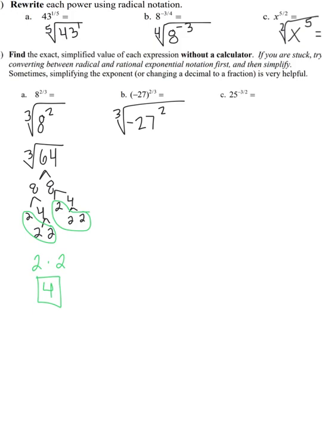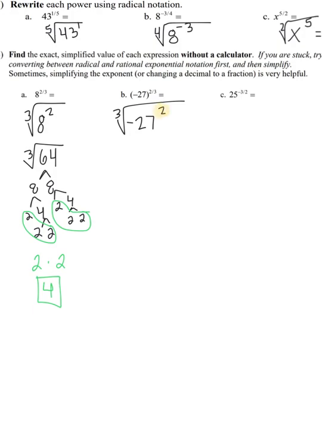Now this is a little sneaky because they asked us to do this without a calculator. And I'm looking at negative 27 squared, and I'm thinking, oh, I don't know that off the top of my head, so I'm going to have to do some multiplication here. Or, I'm going to let you in on a little pro tip here.